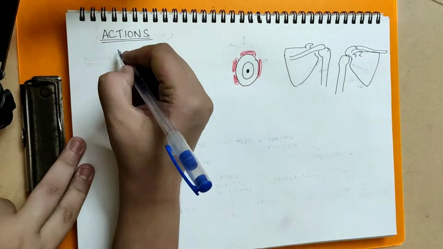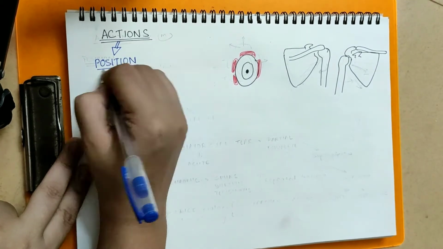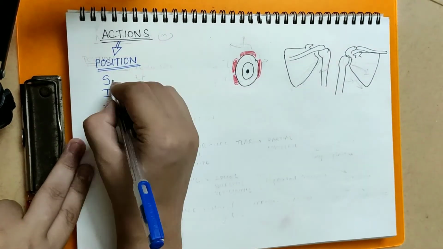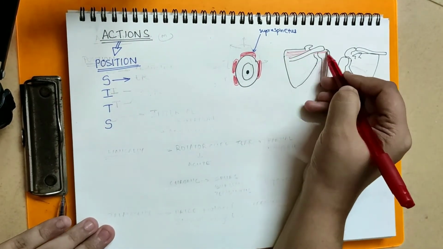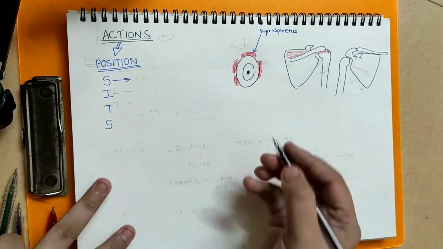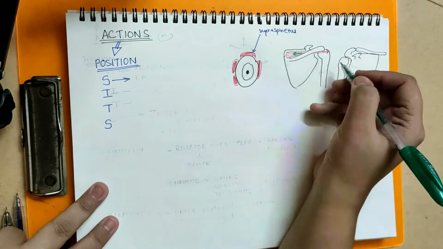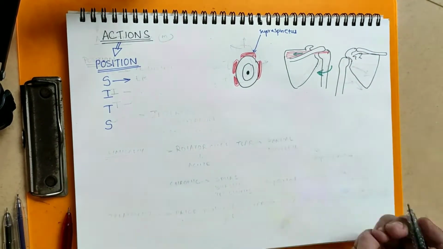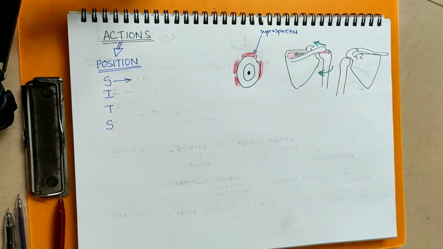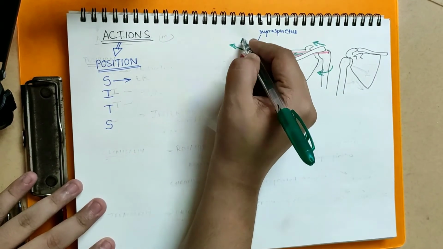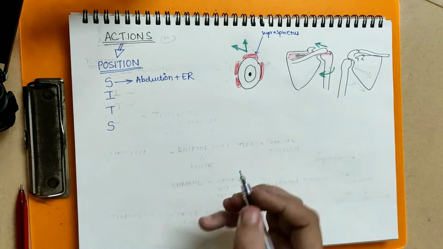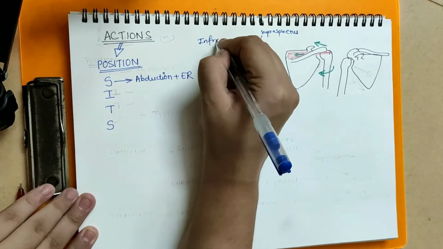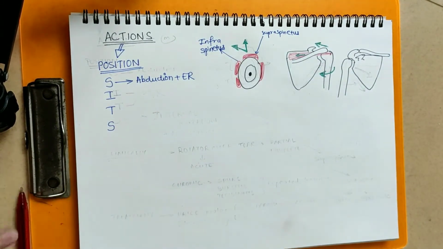The action of these muscles is understood best by the position of the muscle. Let's look at the lateral view of the glenoid cavity and the posterior view of the scapula. The supraspinatus muscle attaches in a way that when it contracts, the pull of the direction will lead to rotation of the humerus externally and above, thus causing abduction and external rotation.